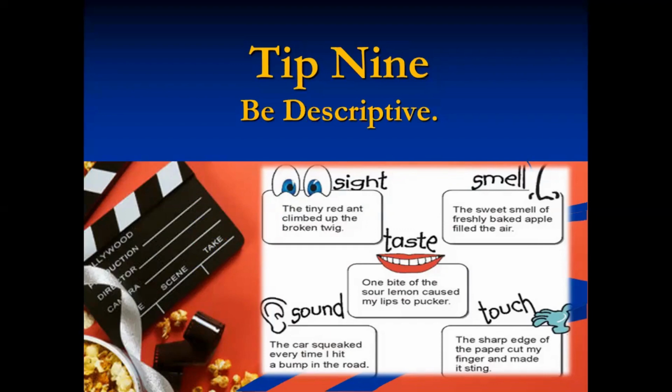The tiny red ant climbed up the broken twig. Smell. The sweet smell of freshly baked apple filled the air. And touch. The sharp edge of the paper cut my finger and made it sting. Just a few examples of how to be descriptive.